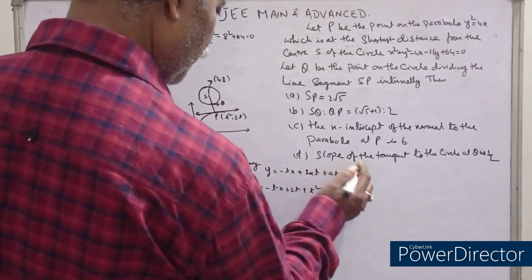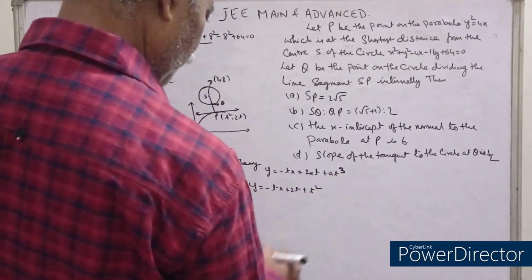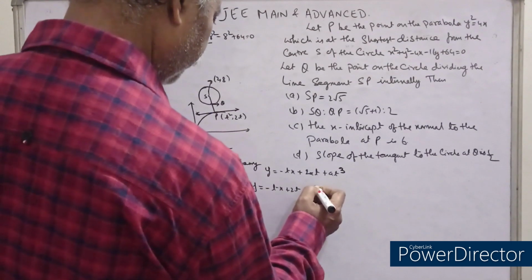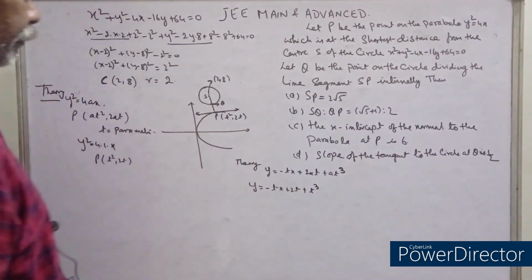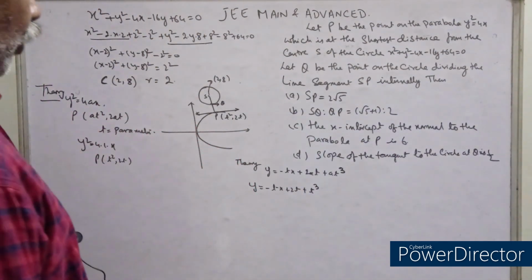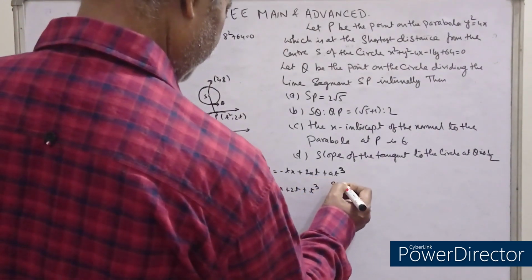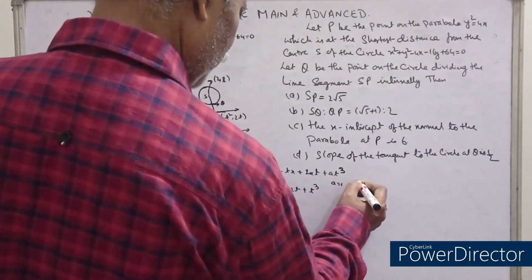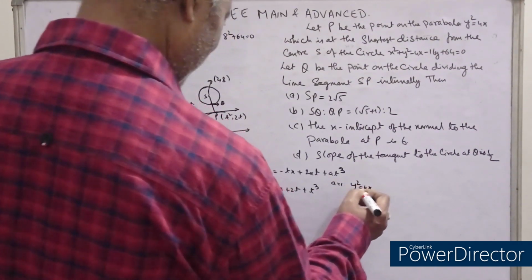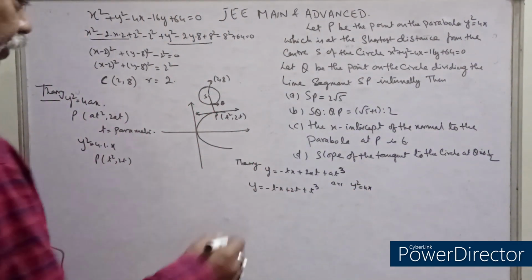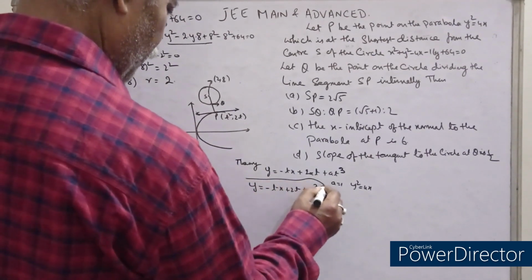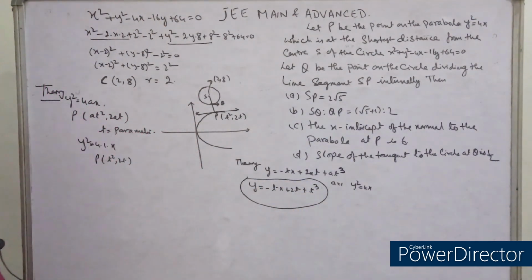No, this is not square, this is cube. This is the equation of your normal, because y square is equal to 4x, so a is 1.